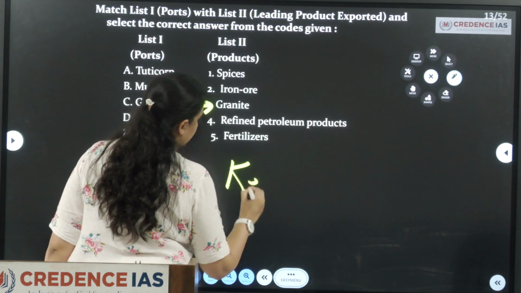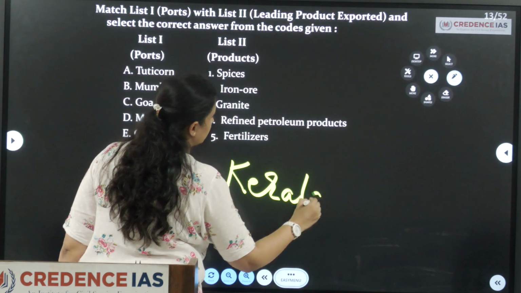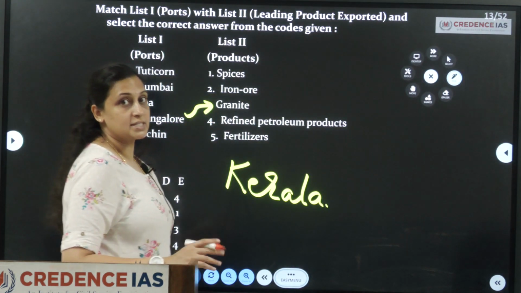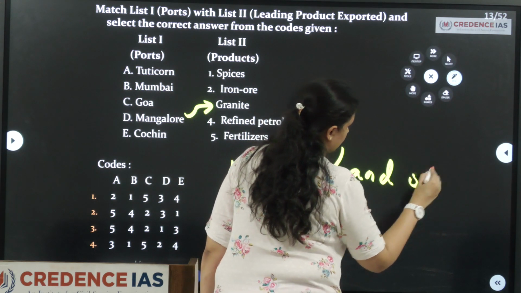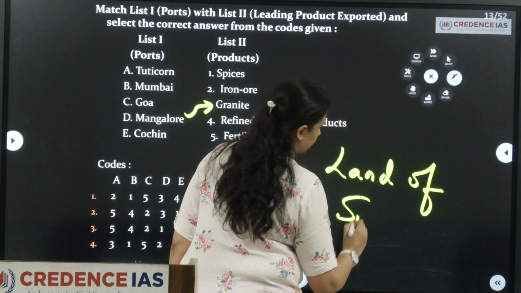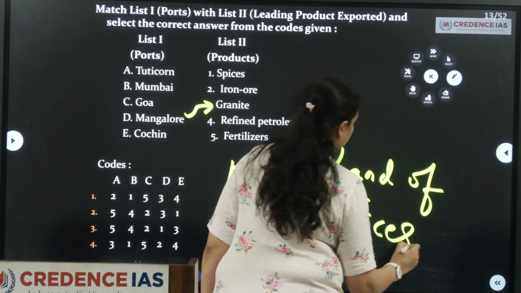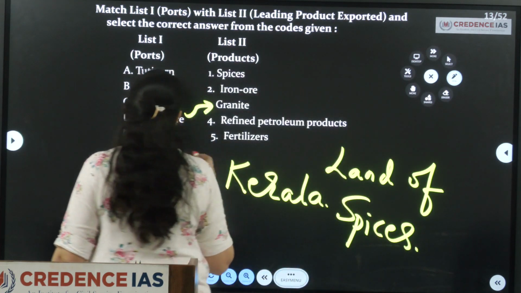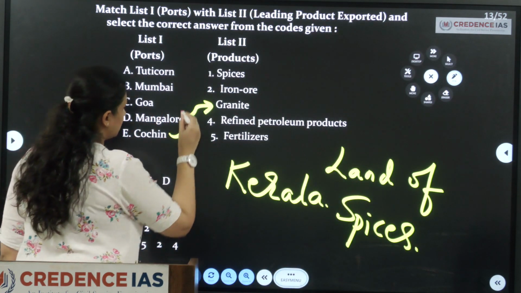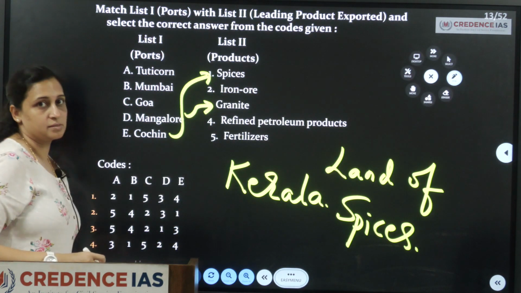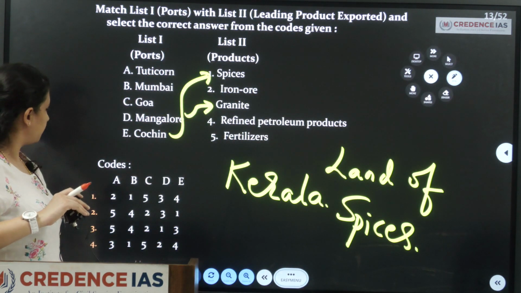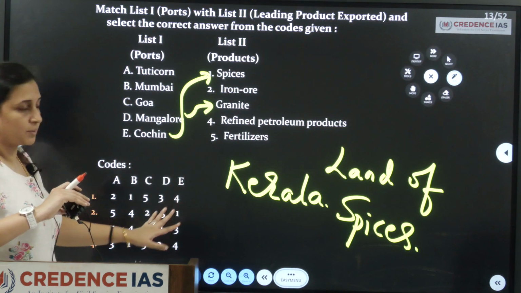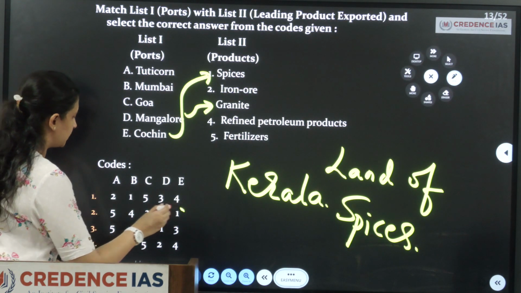Kerala state is known as the land of spices. Okay, Kerala is known as the land of spices. So here the port from Kerala is Cochin. So Cochin goes to spices. Okay, so if E is 1, for our luck only one option is there.